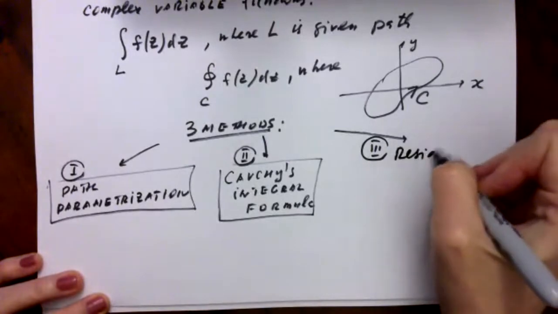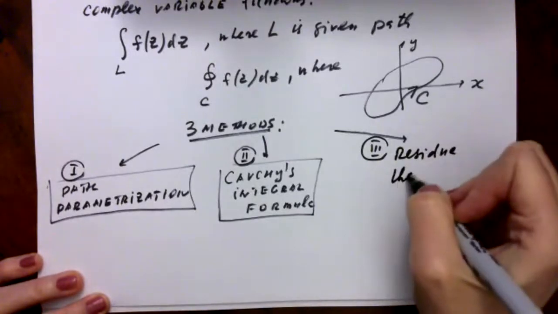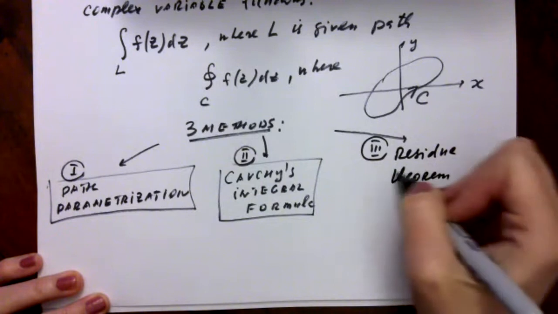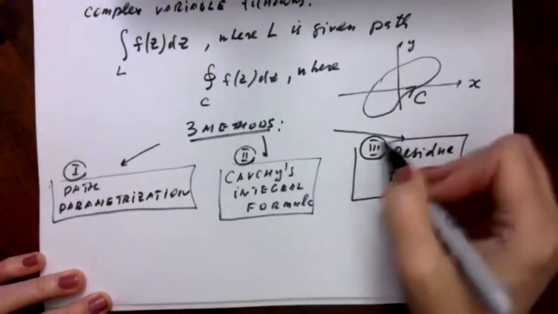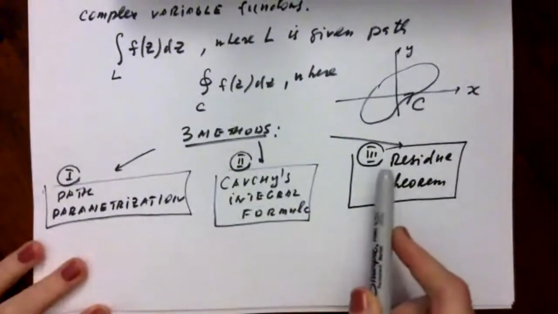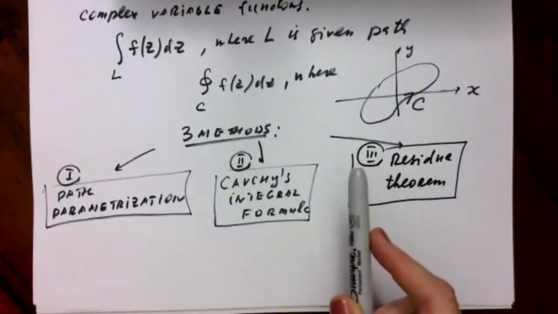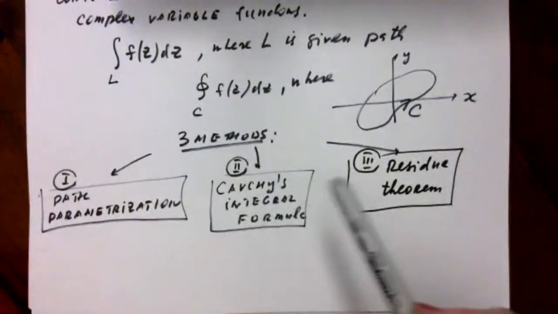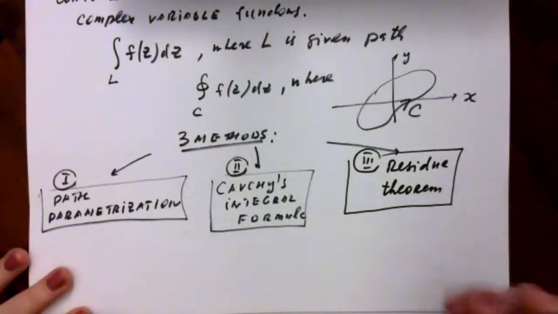Just residue theorem. So the whole point of studying residues of functions in singularity points was actually to be able to integrate functions afterwards. That is why all the previous material was sort of preparation for this global topic.